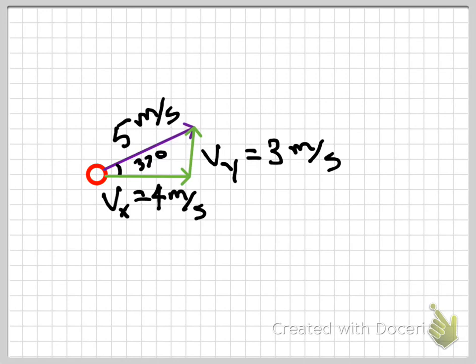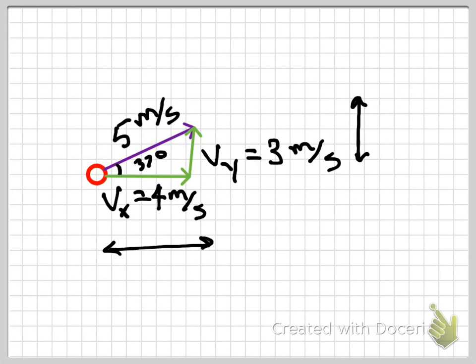So to launch this ball at 5 meters per second of speed at 37 degrees, that means it would need to be moving 4 meters per second in that horizontal direction and 3 meters per second in the vertical direction, right? So up and down is 3 meters per second, and horizontally, left and right, it is 4 meters per second.